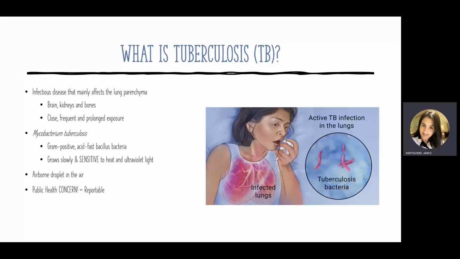Of course, us healthcare workers, because we might be in contact with these individuals. Those are mainly who are more at risk, and of course anyone exposed to someone with close, frequent, and prolonged exposure.